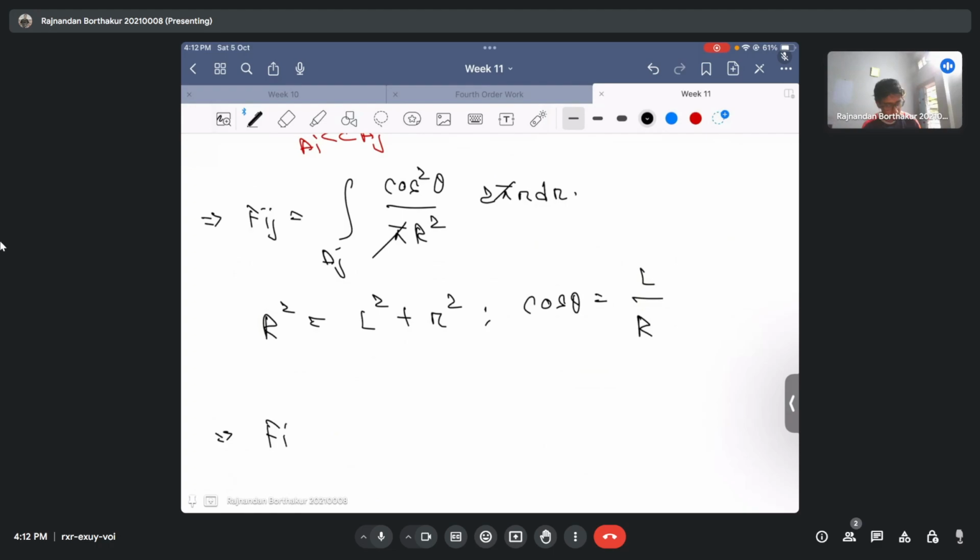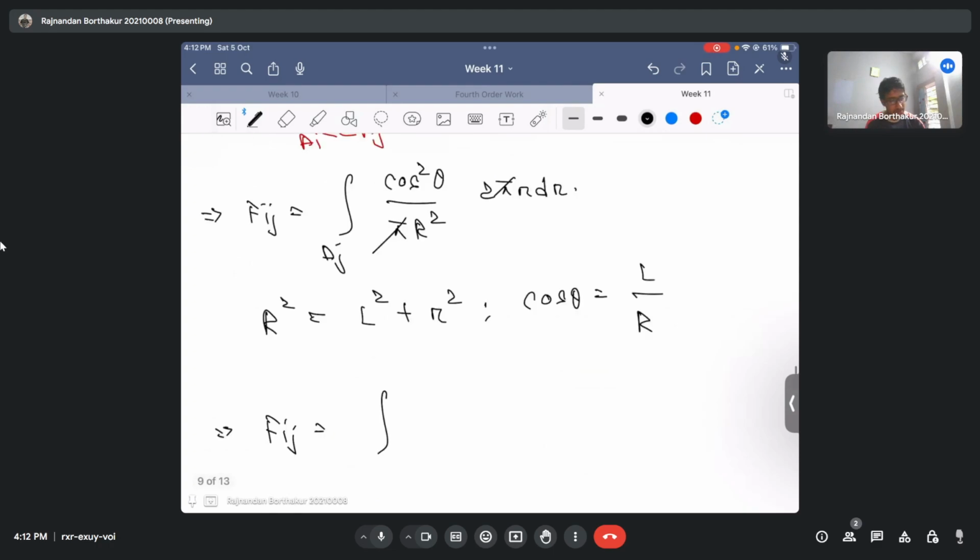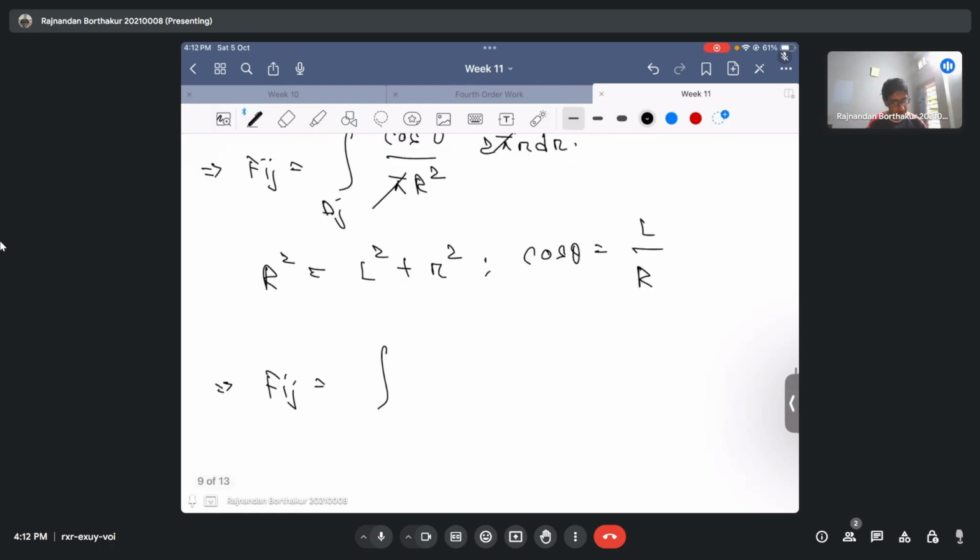Then your Fij becomes what? Now I can just integrate it. Since now it's just the radial integration, because it's kind of an axisymmetric problem that we are trying to see, that's why I'll just integrate it from 0 to d by 2.